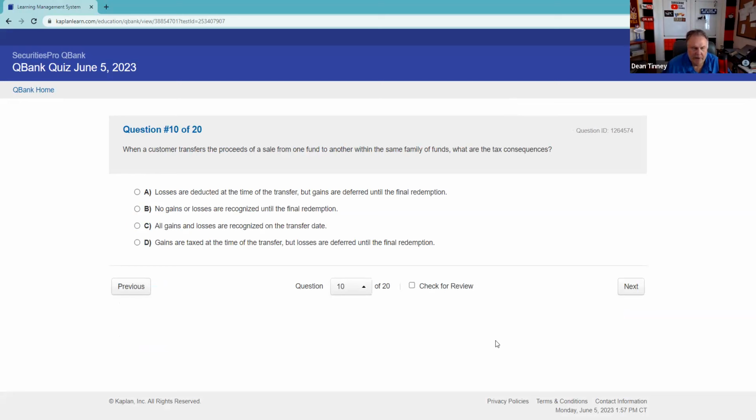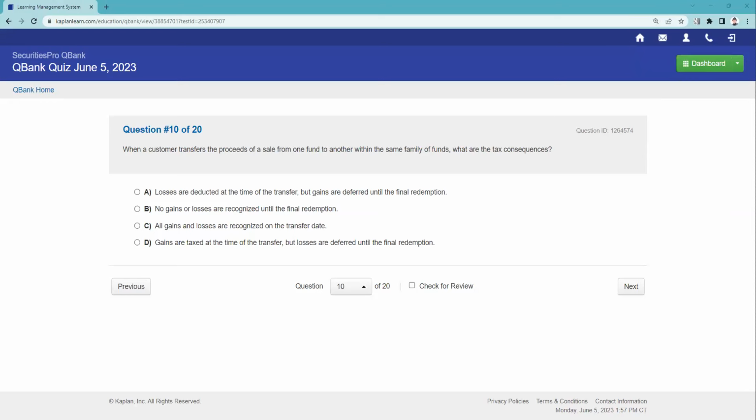When a customer transfers the proceeds from the sale of one fund to another within the same family of funds, what are the tax consequences? I think it's B as in boy.